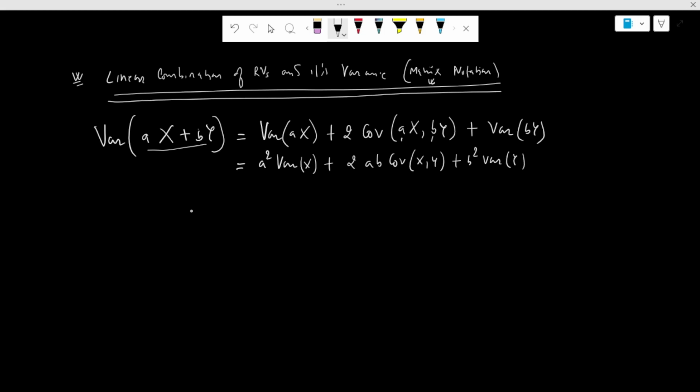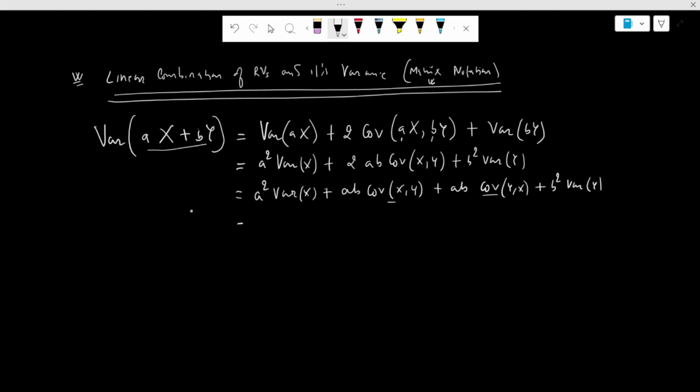Let us try to express this in matrix notation. So it is a square variance of x plus ab covariance of x, y, and plus again ab covariance of y, x following the symmetry of the covariance, plus b square variance of y.